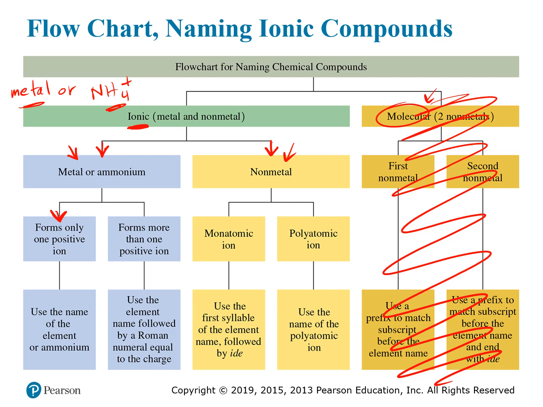Does it only form one type of positive ion? Or is it a transition or post-transition metal where it forms more than one possible ion? If it just forms one type of ion, then you just give the cation the name of the element, or it's also ammonium. Ammonium fits this as well because it's always +1, right? So the name of the element, calcium, lithium, magnesium, aluminum, things like that, main group elements.